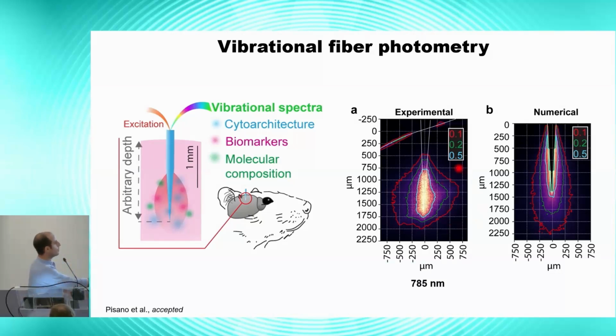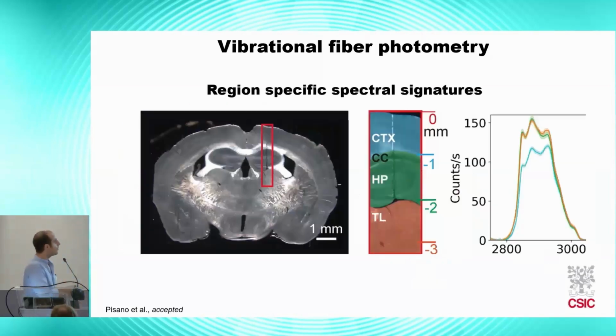So here's an example. We are shining light in a fixed slice of the mouse cortex, and you see this is all the region of tissue we can recruit from. It's basically all the cortical layers. So to which use? The first one is extracting region-specific spectral signatures.